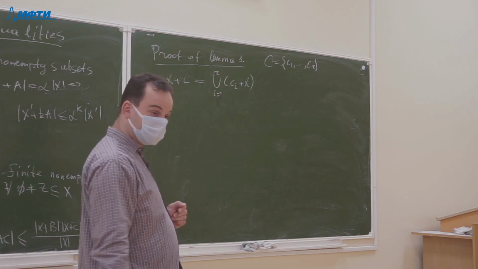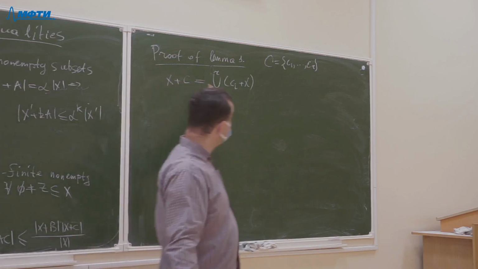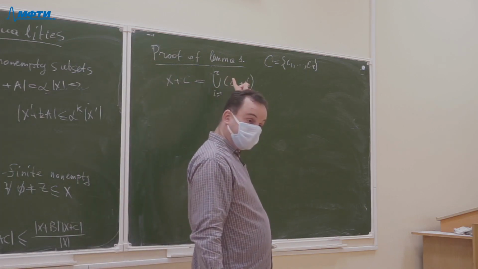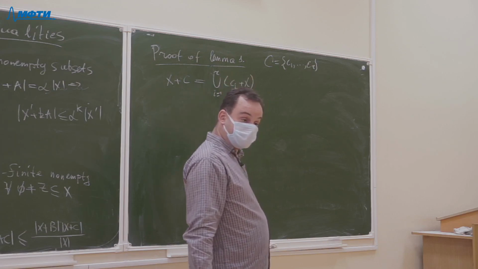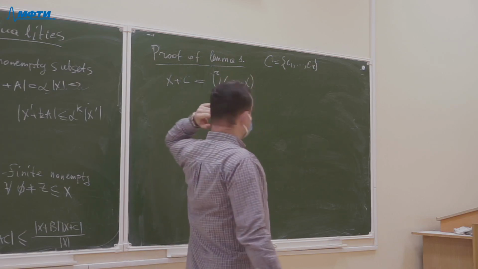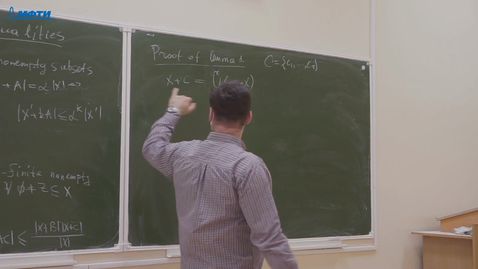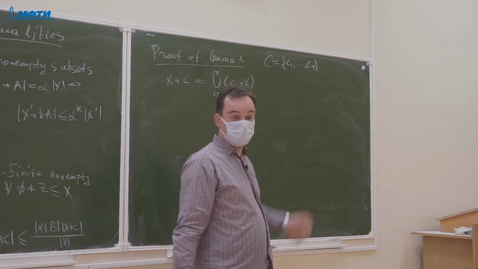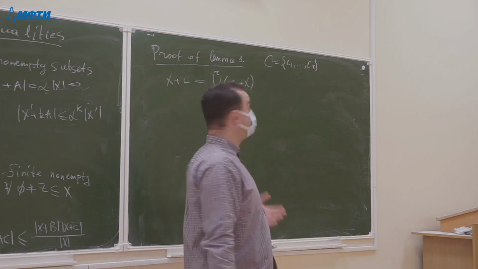That's true. But this union is an intersecting union. These sets can intersect, because each element from X plus C can have more than one representation of this type.